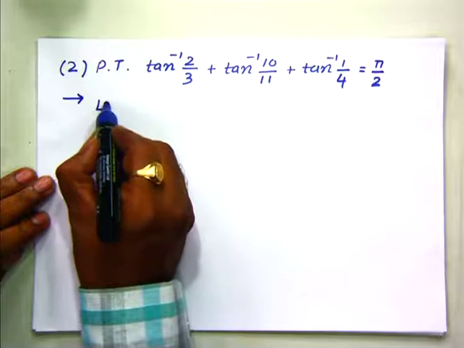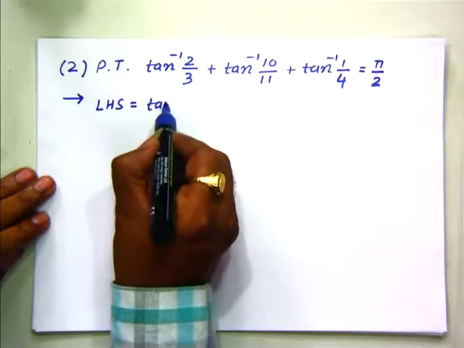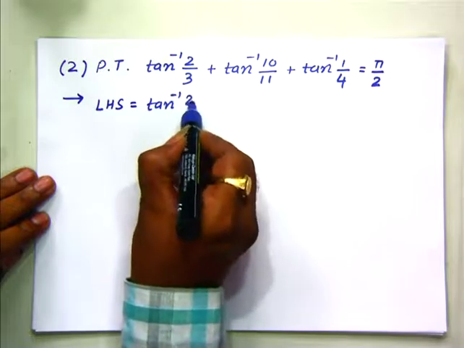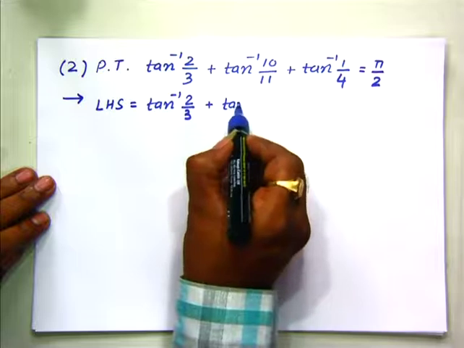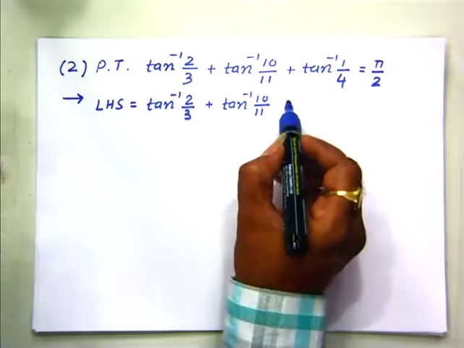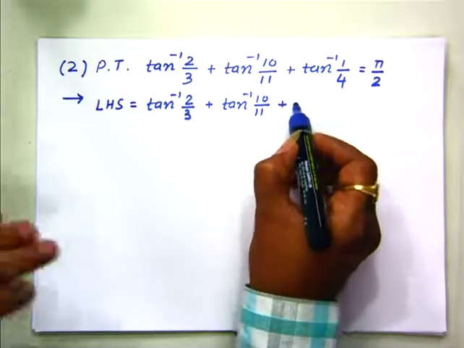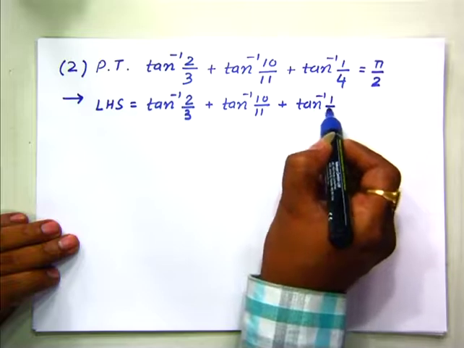So what is our LHS? Left hand side is tan inverse 2 by 3 plus tan inverse 10 by 11 plus tan inverse 1 by 4.